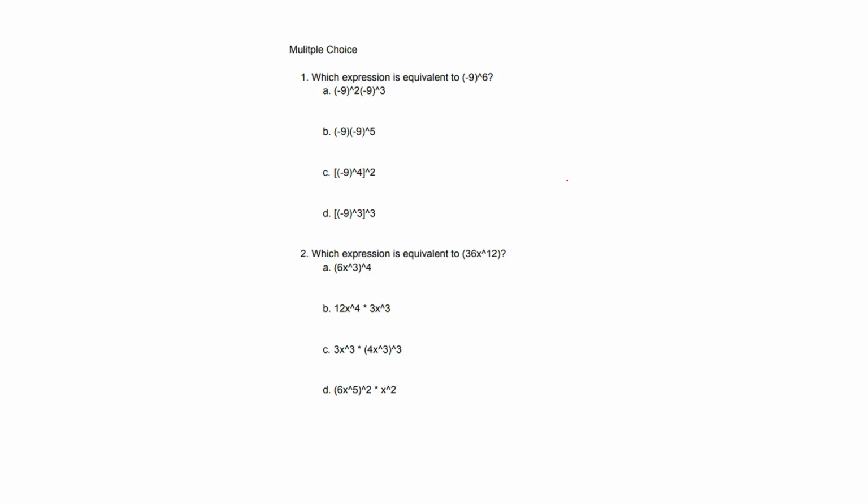Now, for this last section here, we're doing what we just did, but basically just in reverse. So for number 1, you need to find the expression that is equivalent to negative 9 to the power of 6. And we could just go through each of these answer choices until we find one that simplifies down to this.